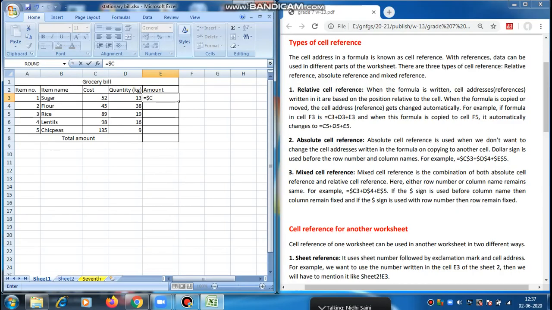So I will not write dollar with number 3. Then multiplication sign. Again I will write dollar in front of the name of the column, that is D, as the quantity of each item is mentioned in column D only, so I will write only dollar sign with D, then 3. Now I am going to press enter key. It shows the answer now.